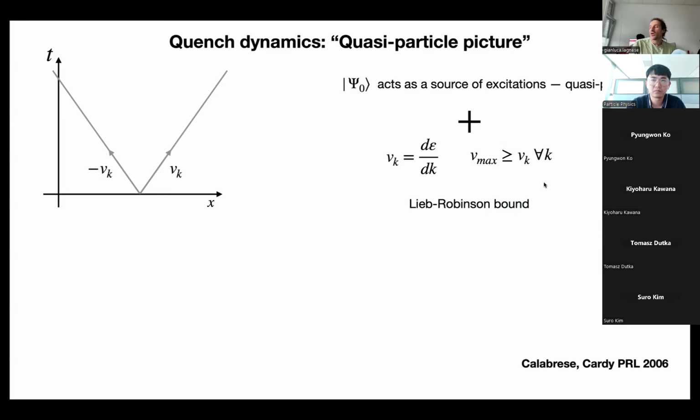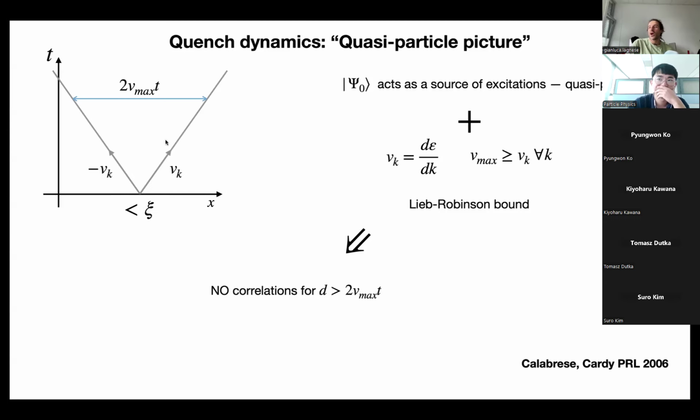In this case we have a short-range interaction, only nearest-neighbor interaction, so this is true for sure. What happens is that these particles, which are created within some correlation length that we call Xi, will start carrying quantum correlations across the system.